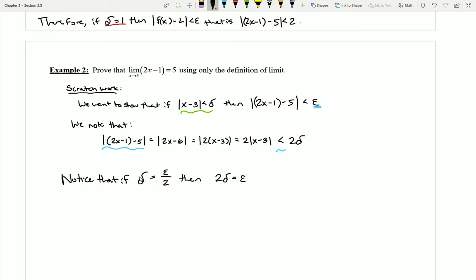Like you could multiply the 2 over to the other side. 2 delta would be equal to epsilon.